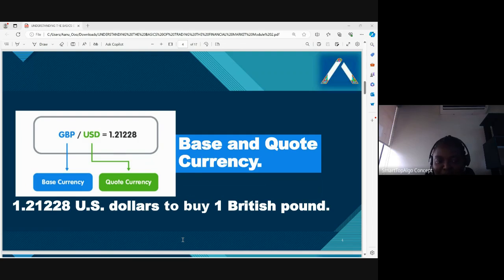So for 1 unit of GBP, I will need to pay 1.21228 US dollars. I will use 1.21228 US dollars to buy 1 Great Britain pound.